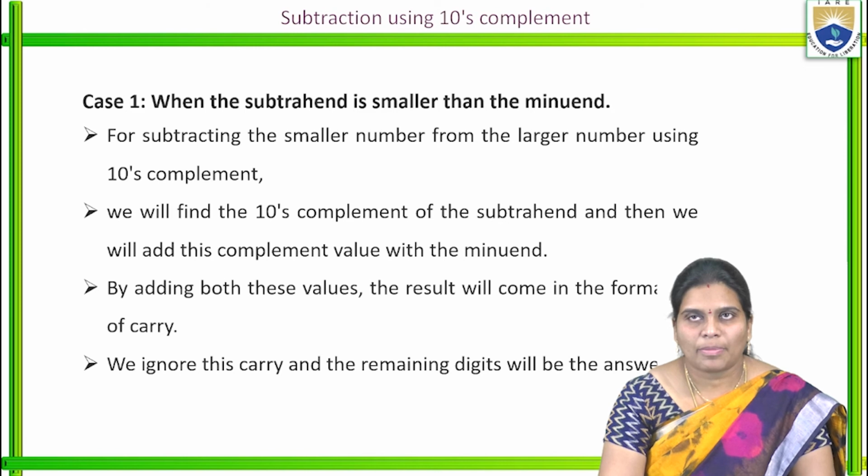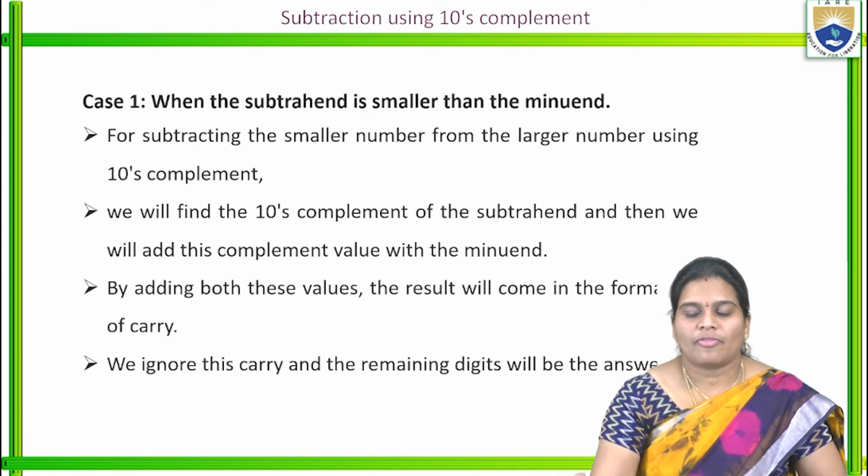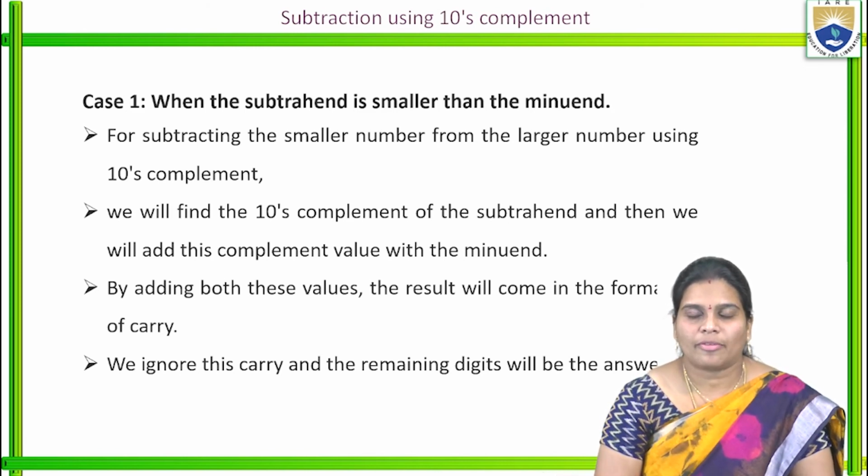When the subtrahend is smaller than the minuend, first apply the 10's complement of that negative number. Next, add the original number plus the 10's complement of that value.